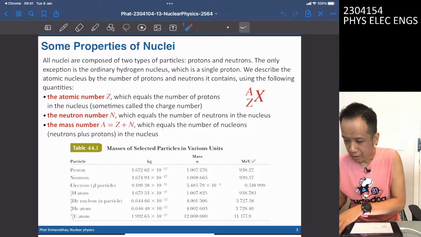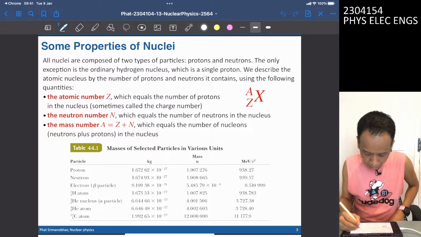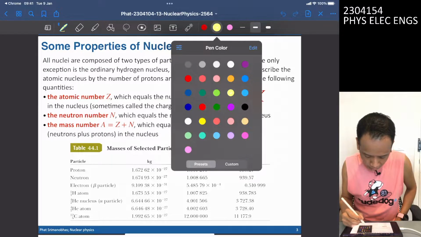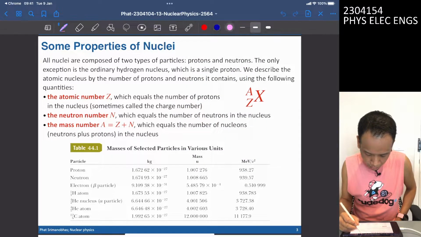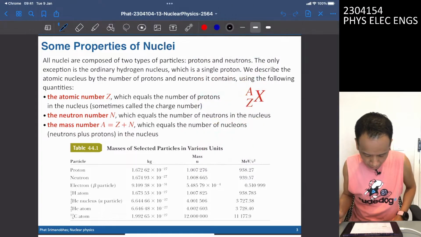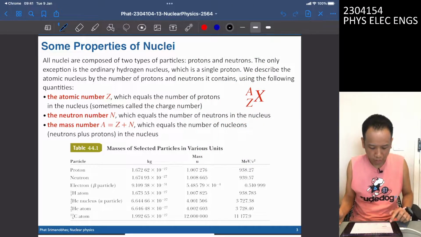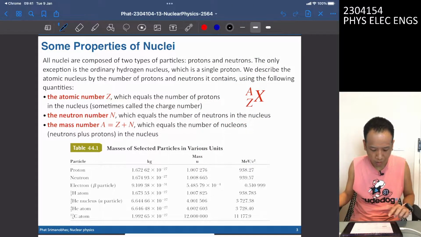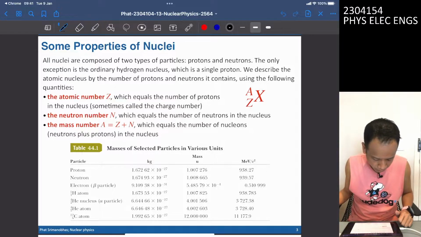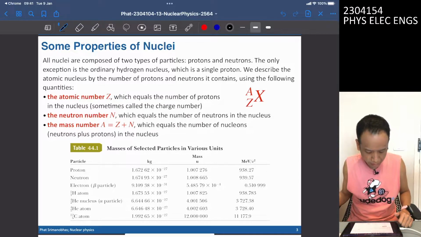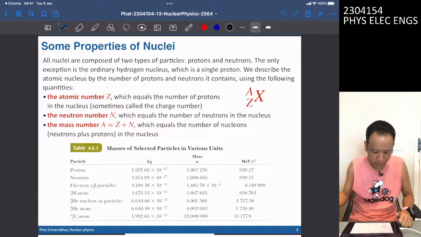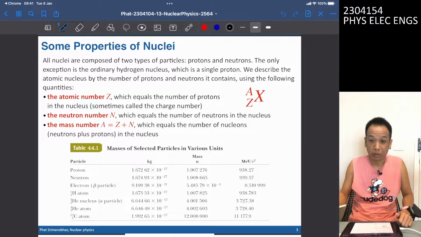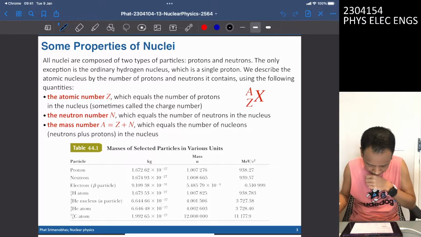The table gives you examples of mass in different units for different particles or atoms, like the proton, neutron, electron, hydrogen atom, helium nucleus, helium atom, and carbon atom, for example.